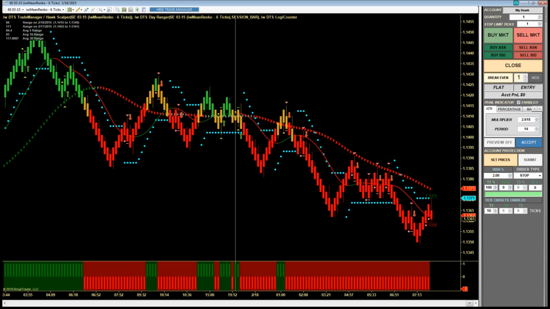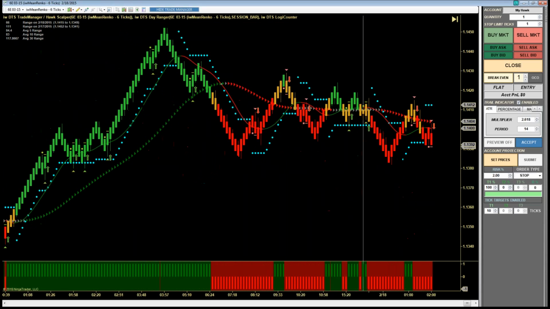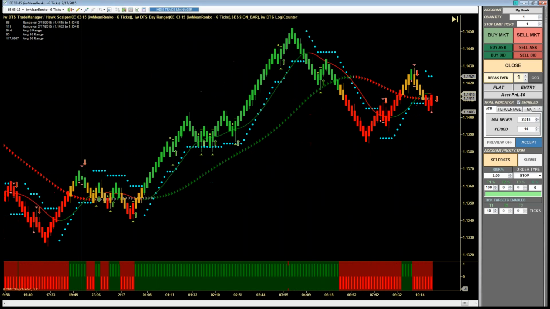I'm not a programmer. I don't know all the ins and outs, but that's what they tell me, as far as the programming goes, that's the problem they're having with some of the other platforms. But yeah, we are looking at options. But right now, NinjaTrader is the one that has all the pieces together.